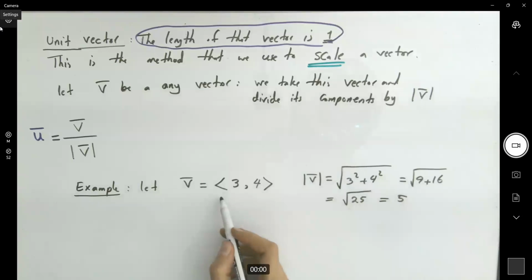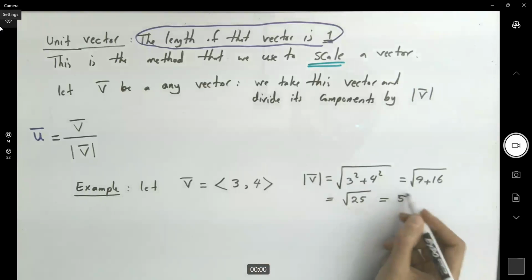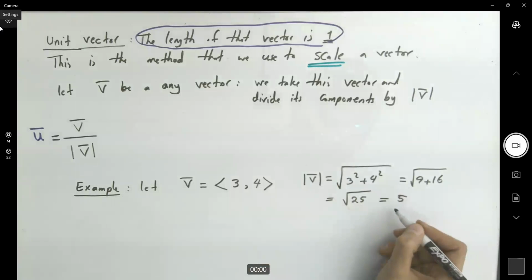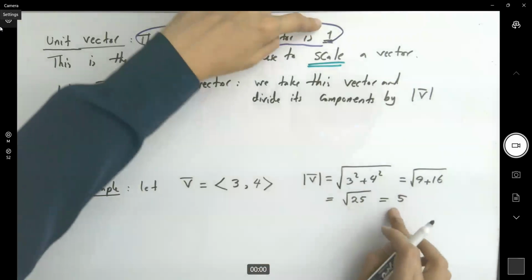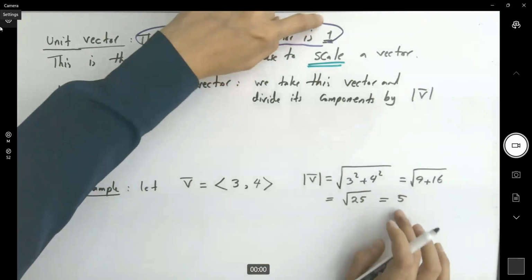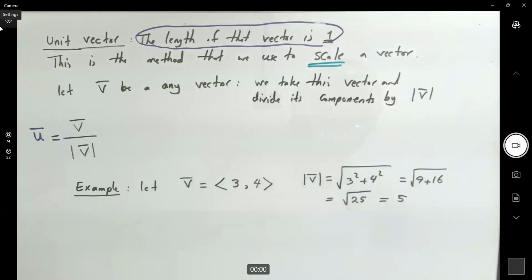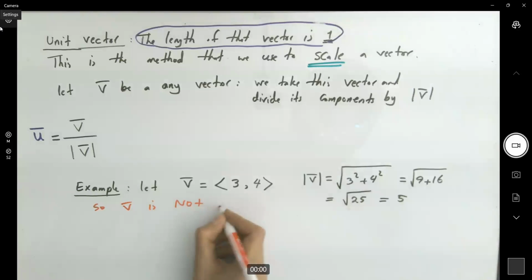So if you graph this vector and measure it with a ruler, the size of the vector is 5. It's not a unit vector. The definition of a unit vector says the magnitude must be 1, but it's not. So V is not a unit vector.